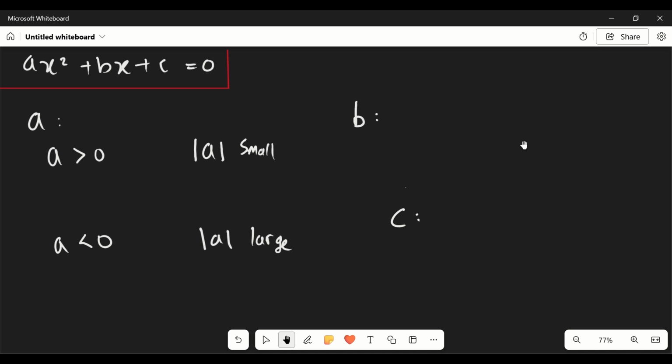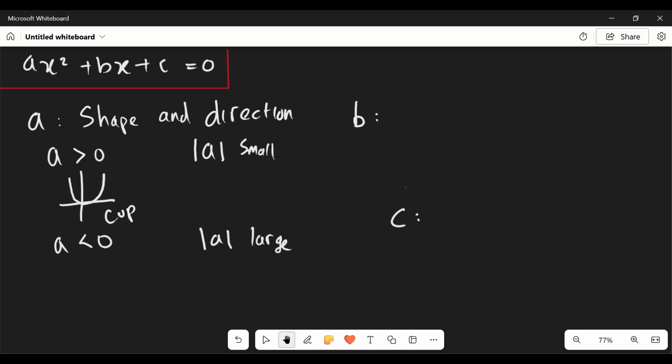A quadratic graph is determined by the a, b, and c values. So, a controls the shape and direction. If a is bigger than 0, we have a graph that looks like this. It's like a cup.